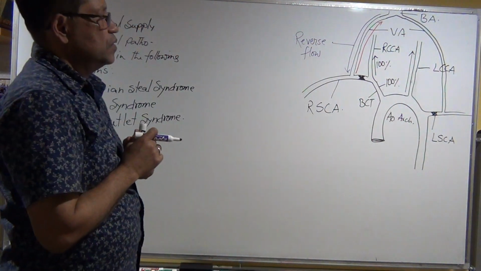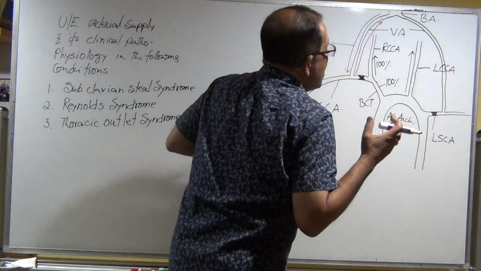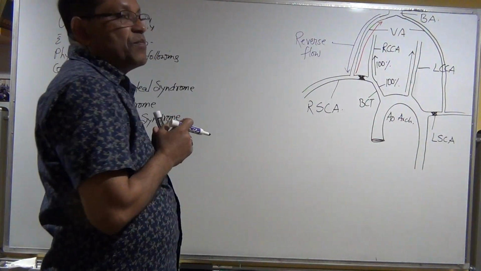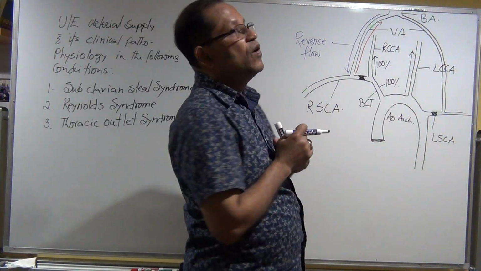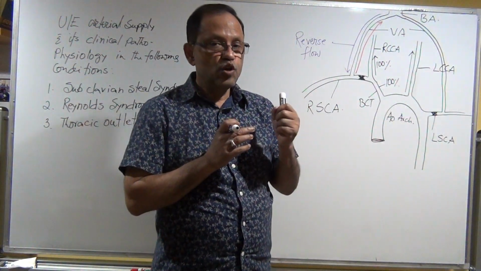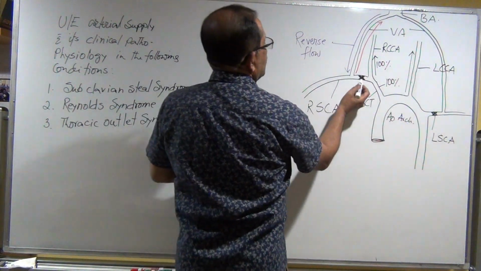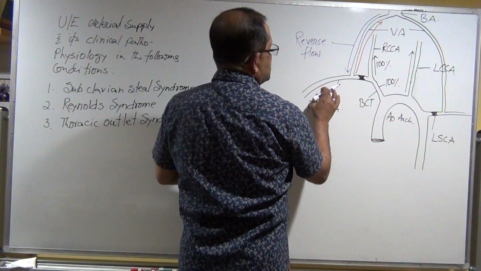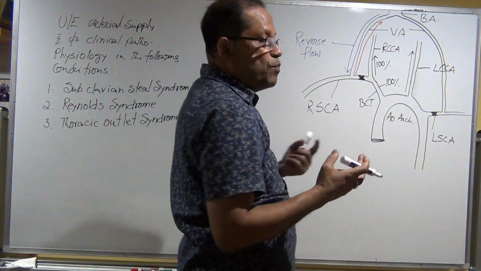Reverse flow. That blood is coming to the subclavian. Question: why is that blood coming to the subclavian? You know that flow always goes from higher pressure to lower pressure. As the occlusion is over here, this part of the subclavian has no blood.